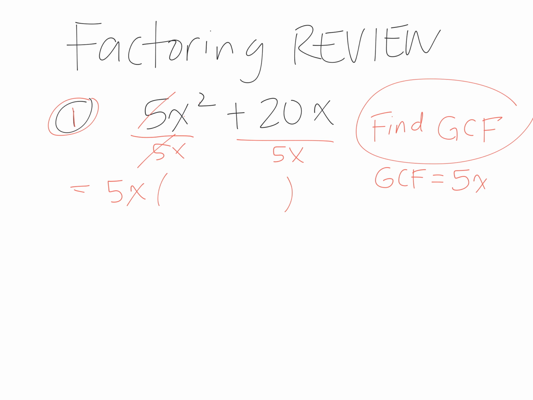X to the power of 2 divided by x to the power of 1 equals x. Positive divided by positive is a positive. What is 20 divided by 5? X divided by x reduces to 1, so we don't need to put that there. So this is the first form of factoring, finding the greatest common factor.